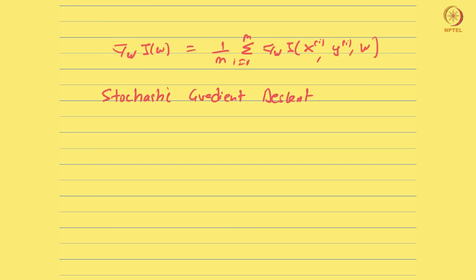So what mini batch stochastic gradient does is, for every step, we don't estimate this average on the entire data, but rather on a sample of the data. We average over the sample and use that to update the weights of the linear model.